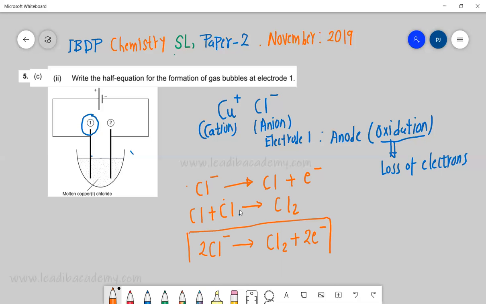This could be the half equation at electrode 1, which is nothing but the anode. Basically Cl2 gas, that is chlorine gas, will evolve. And obviously you must have guessed it, on electrode 2 it would be Cu, copper. Very simple. Hope this is quite clear and simple also.